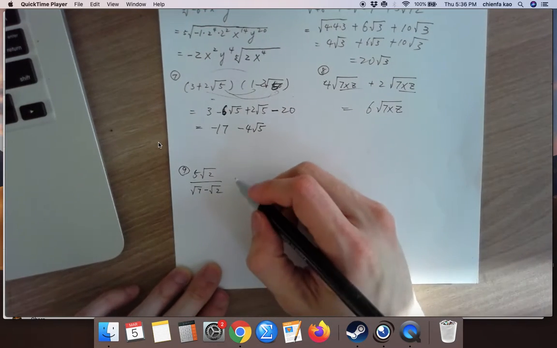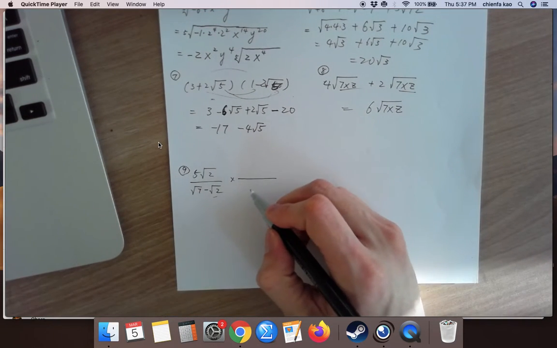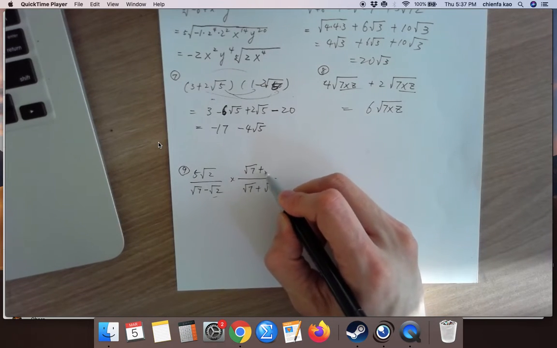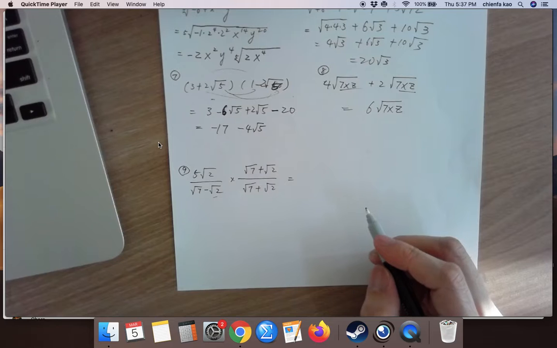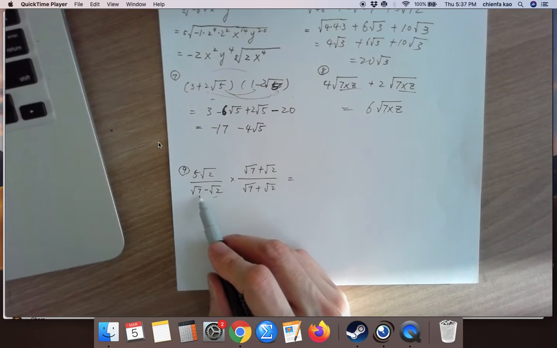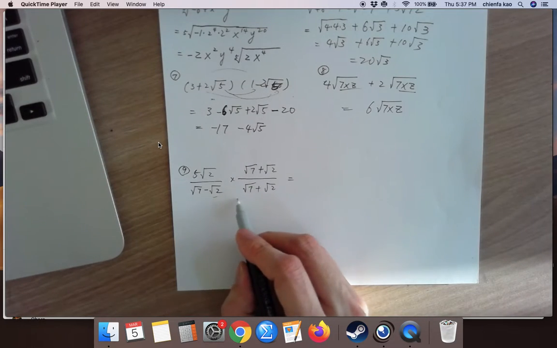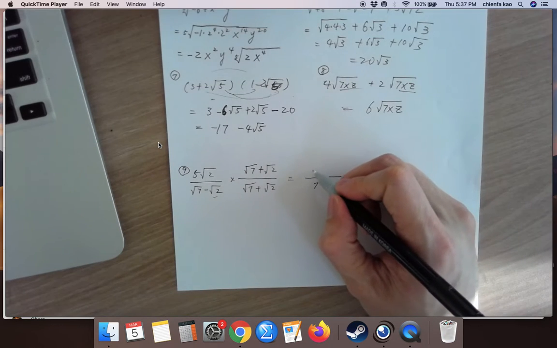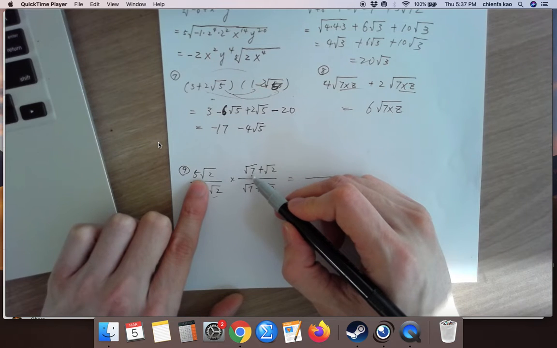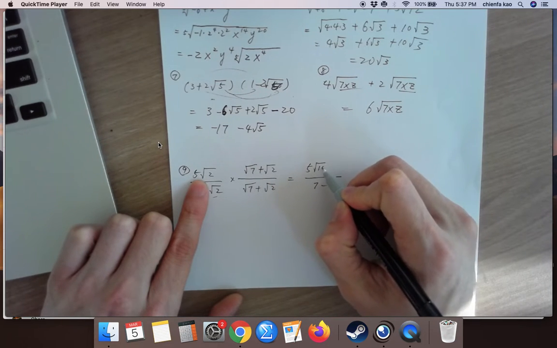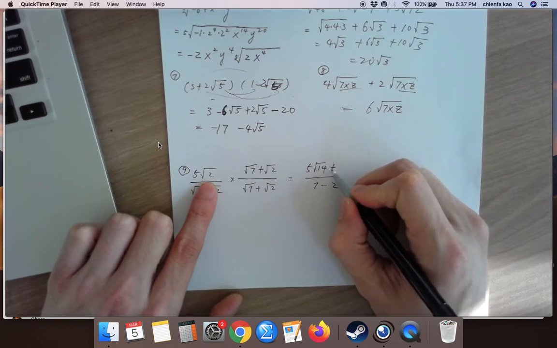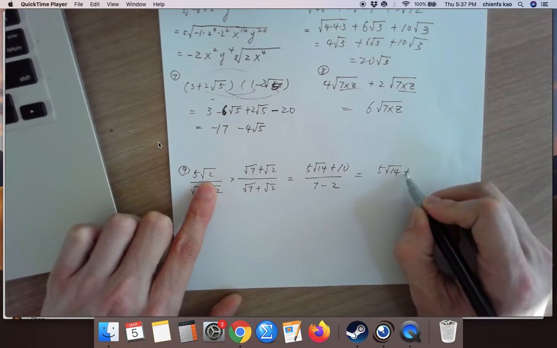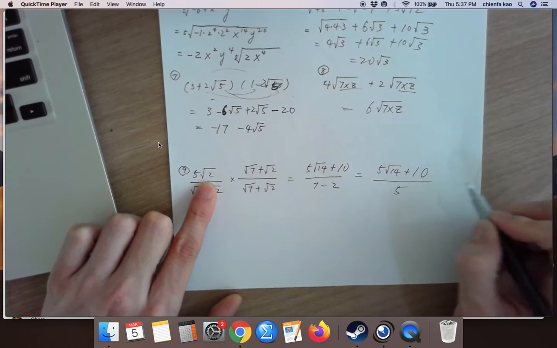Okay, this one, use the a minus b, a plus b rule. And then, so it becomes a squared minus b squared. So 7 minus 2. Top one you just FOIL. So these 2 times that is 5 root 14. And this one is plus 10. So the answer is 5 root 14 plus 10 over 5.